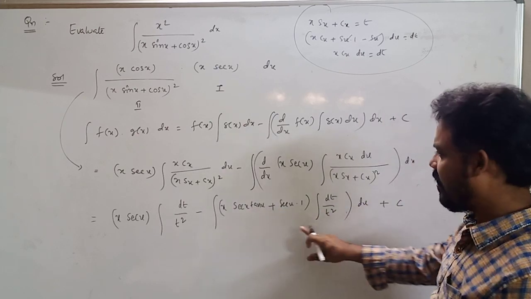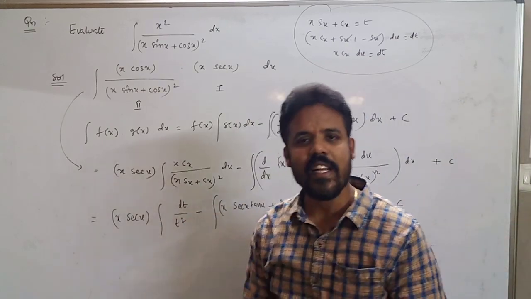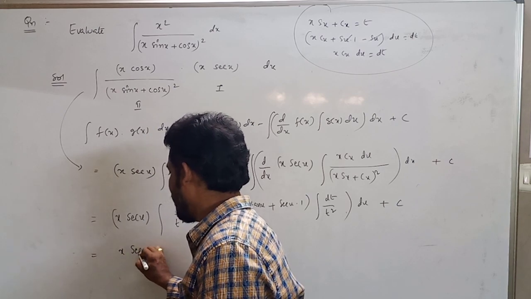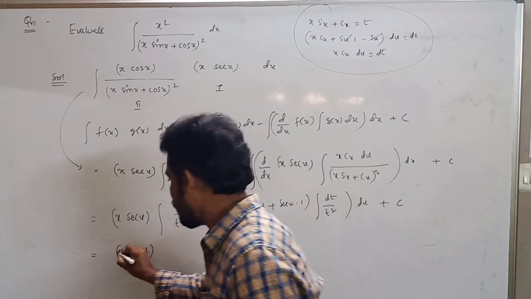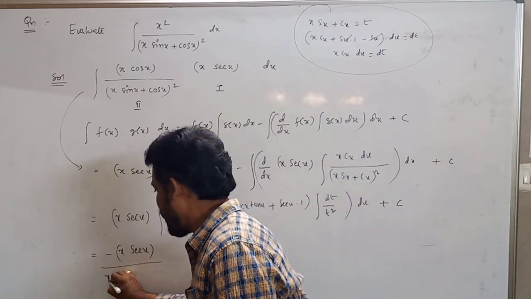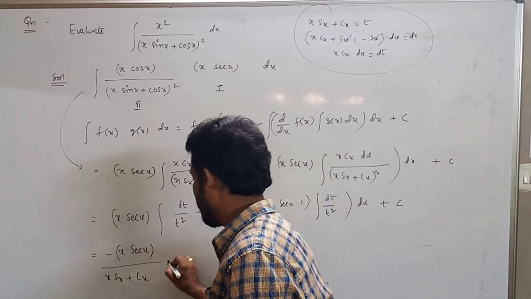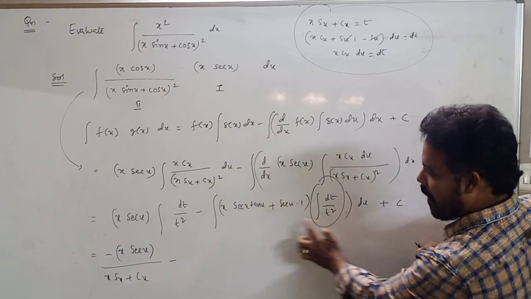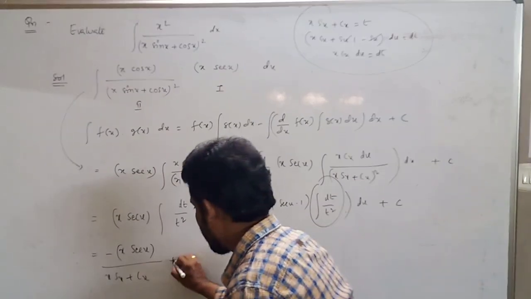Actually you should not write like that. Directly you can write: what is integral 1 by t square? Minus 1 by t. Hence x secant x minus 1 by t, that means minus 1 by t. What is t? x sin x plus cos x. Again the same thing I use here. Minus of minus becomes plus.